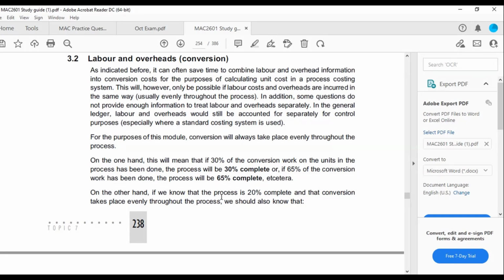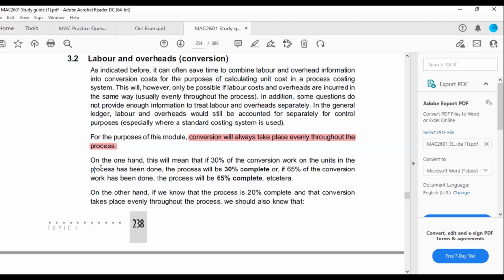There's a machine that she was still using for 3 hours, but the depreciation or the rental of using this machine is this much. Accounting would split them, but when it comes to process costing, we say it's conversion cost because they are intertwined, they work well together. All right, so they will always take place evenly throughout the process.